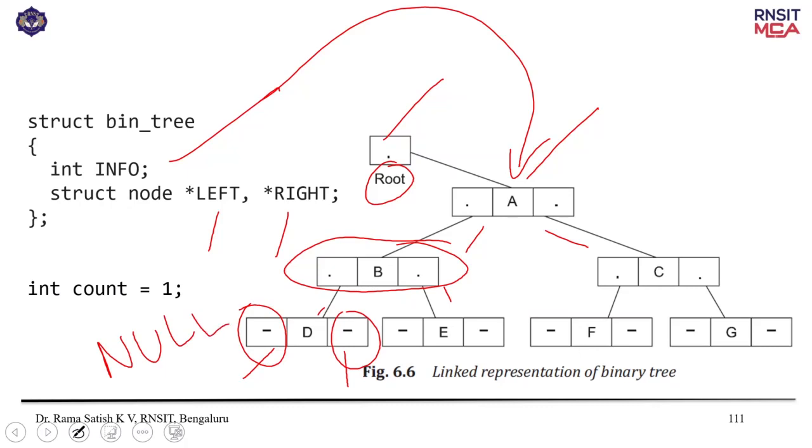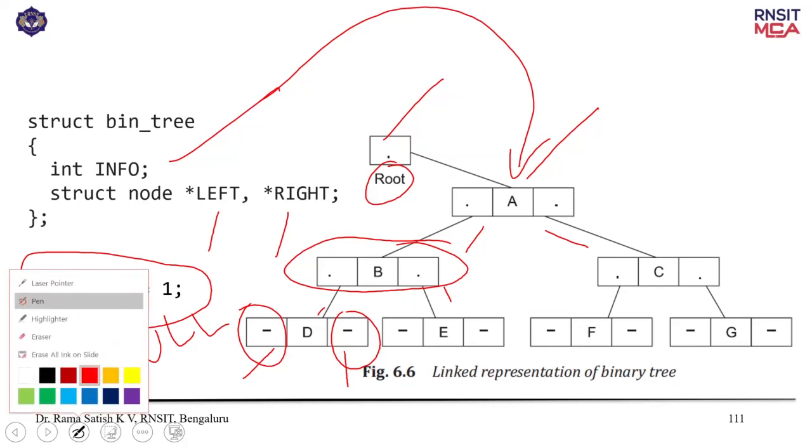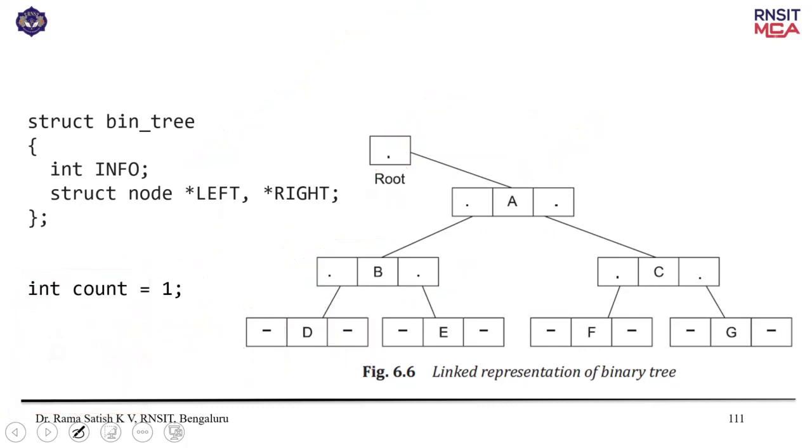If it is an intermediate node, it will definitely have links to its left branch and right branch of the tree. And you will have a variable called count to count the number of elements, the number of nodes, in the tree.